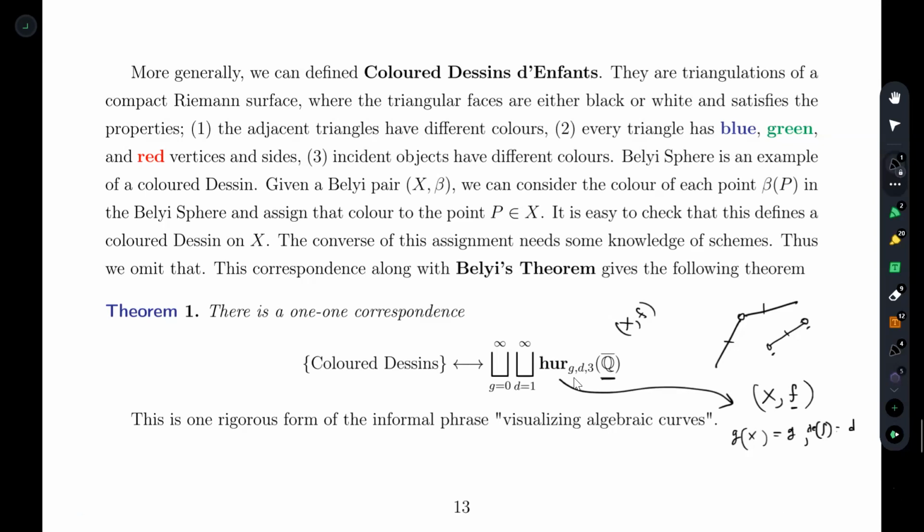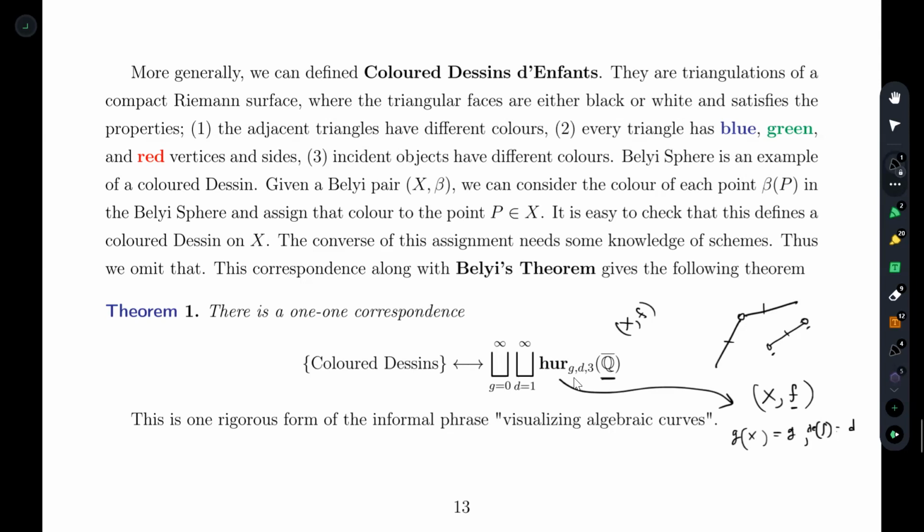Instead of Q bar, you could as well say complex numbers there, if you consider them as Riemann surfaces. But compact Riemann surfaces are also algebraic curves. So considering them as algebraic curves, I am sure by Belyi's theorem that they are defined over the algebraic numbers. So there is nothing special about Q bar here.